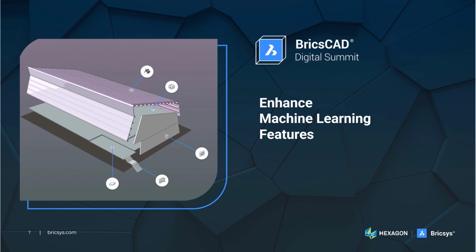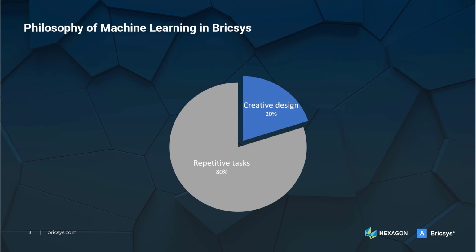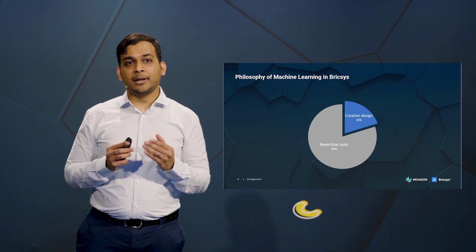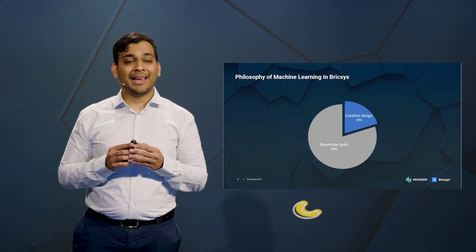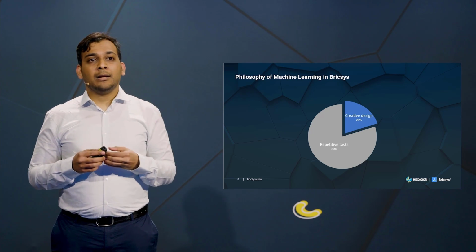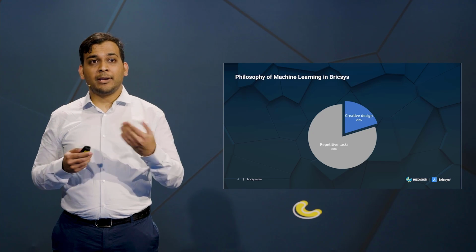So now let's look at how we will enhance machine learning features based on your data. Before we go into how we enhance, let us briefly introduce the philosophy of machine learning within BricsCAD. Within the design process, we found that 20% of the time you have creative design, and 80% of your time you have repetitive tasks like dimensioning, adding metadata to the drawing, and so forth.